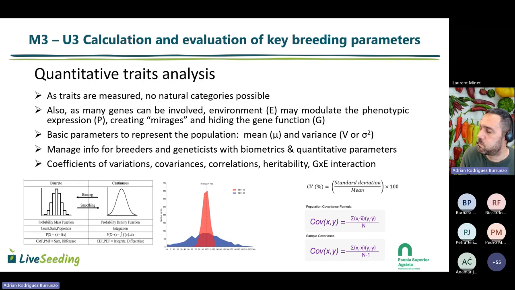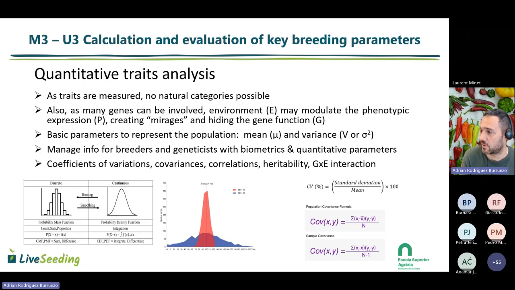I will put, on the contrary, more emphasis on the quantitative traits. So, clear for the qualitative traits: simple traits controlled by one gene or very few genes, with very little effect of the environment, and if any, it is quite easy to detect. Now we go to quantitative traits.